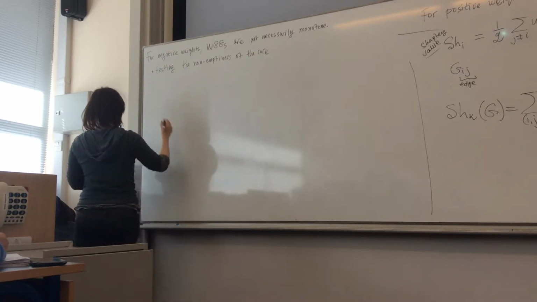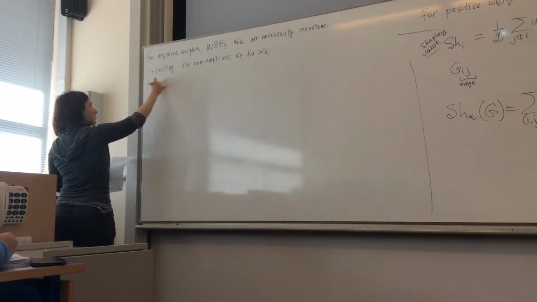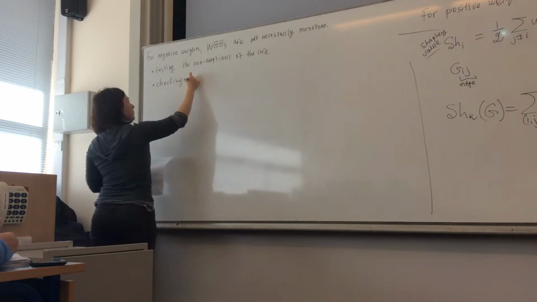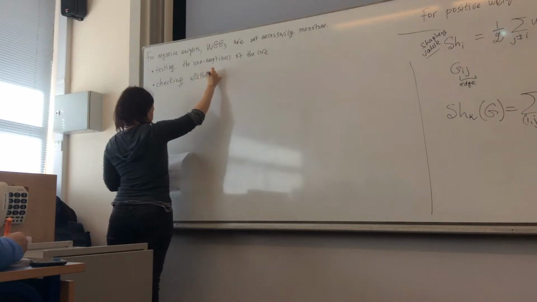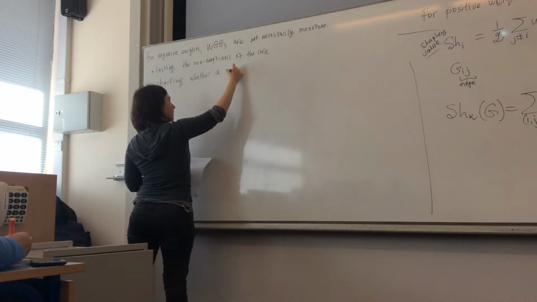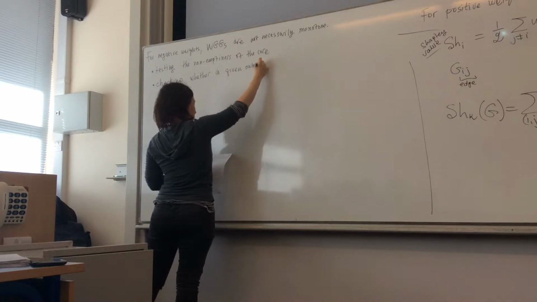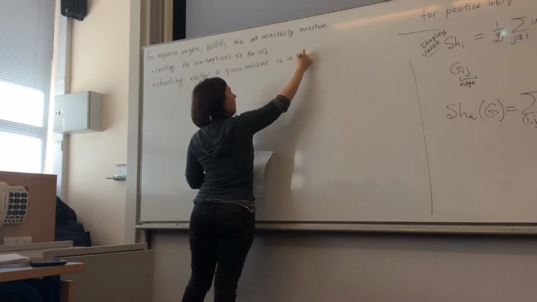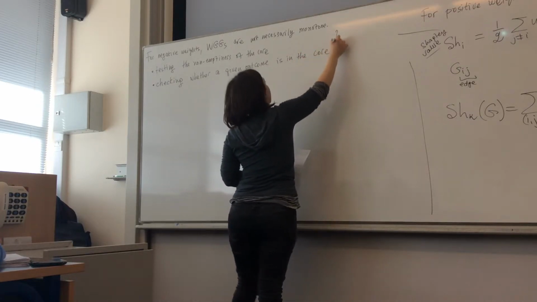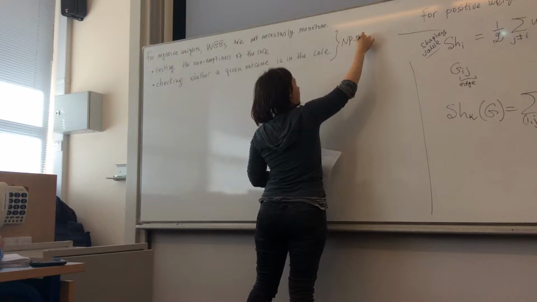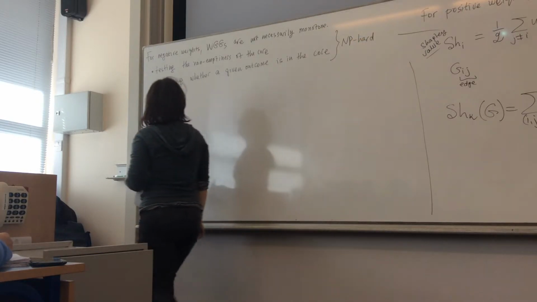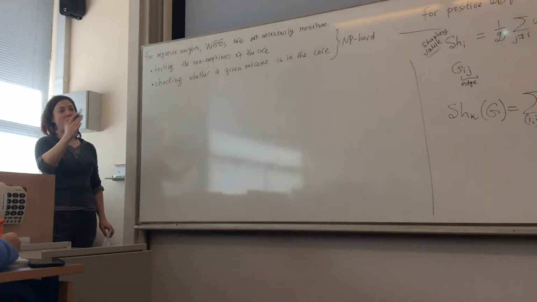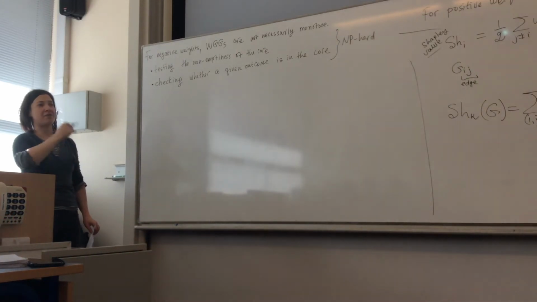And also check if the given outcome is in the core. The second one is actually co-NP hard, meaning that the complement of the decision problem is hard rather than the direct problem.